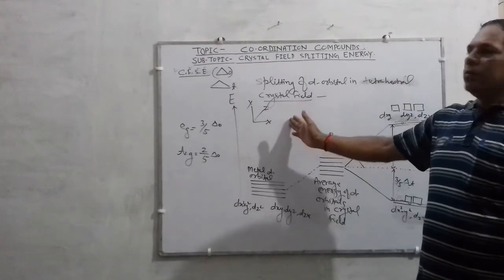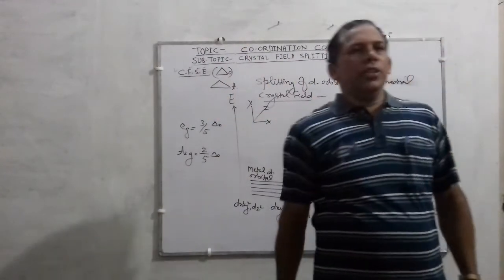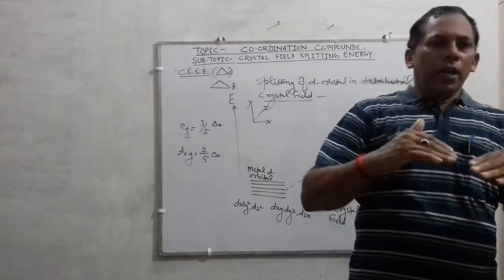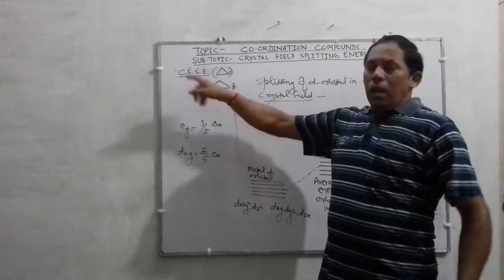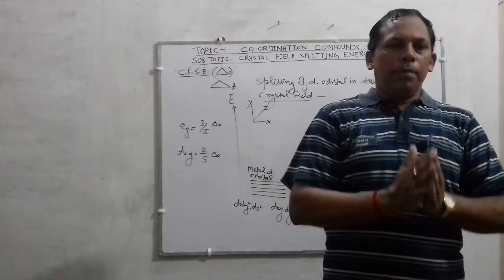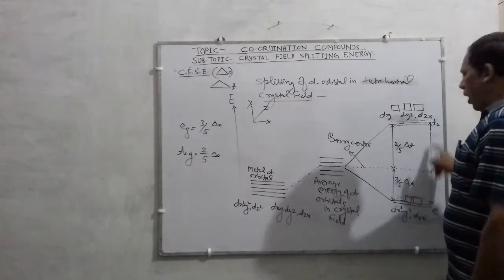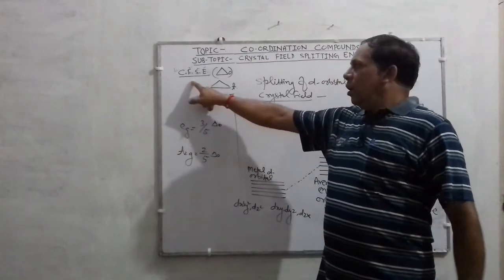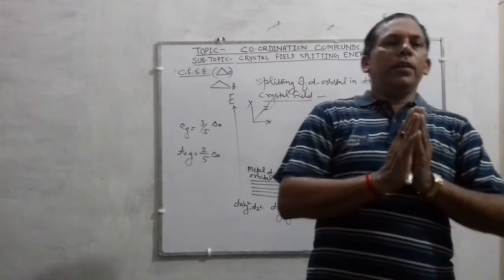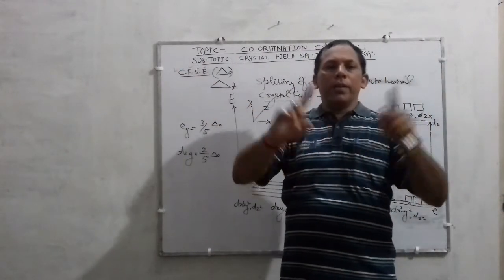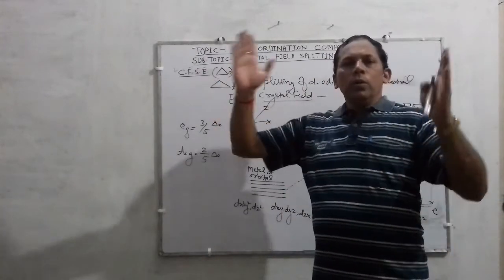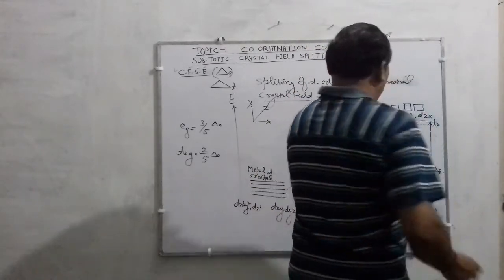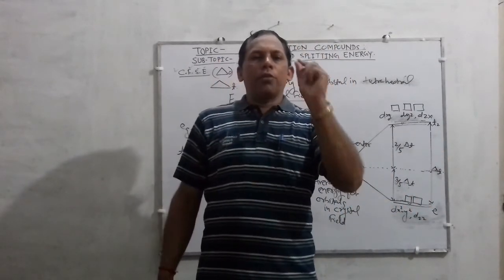Many questions come from CFSE. In the next lecture I will discuss how the crystal field splitting energy can be calculated, what formula is applied, and how the electronic configuration of a complex or coordination compound can be written in the form of Eg and T2g electronic configuration.